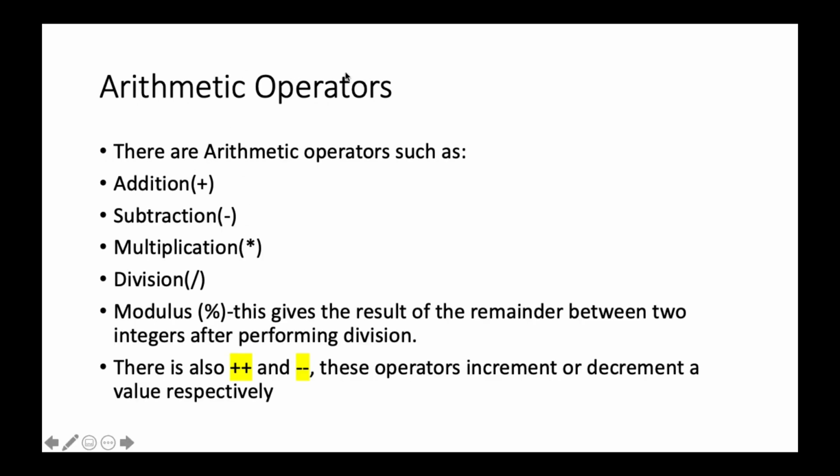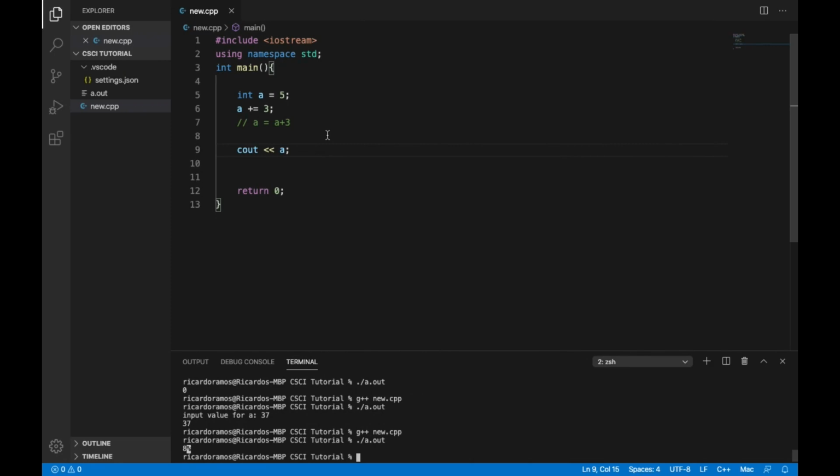Here we go on to the arithmetic operators. These first four are just basic algebra, your regular addition, subtraction, multiplication, division. Then we have modulus, and modulus, like I said, is the result of the remainder between two integers after division. So, for example, we had a is 15. We had another integer b, which is 5. And we wanted to cout a divided by b.